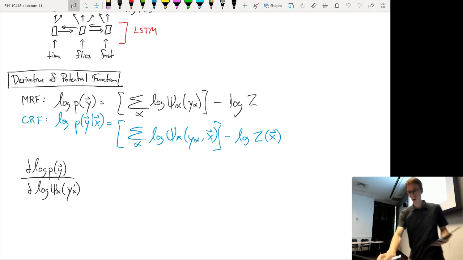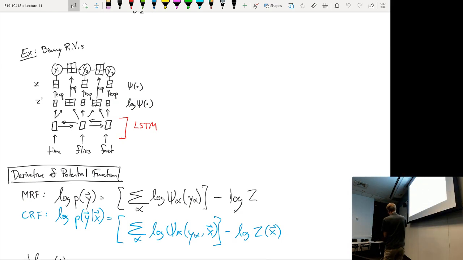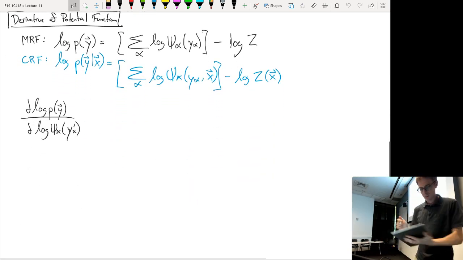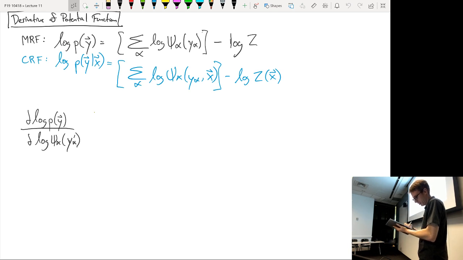So if we go back up to our picture here, what we're actually doing is, say, taking the partial derivative with respect to, say, just one of these little factor table entries, like that red one. And so when we write out this derivative, we're looking at, on the numerator, a y that refers to the ground truth.